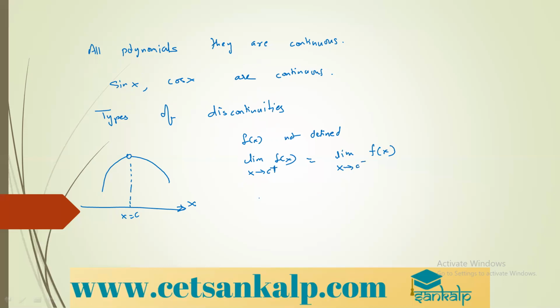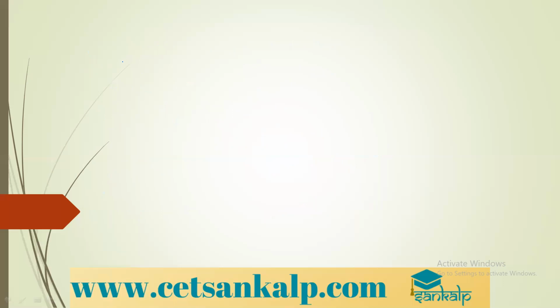So this happens when there is a hole in the graph at x equal to c, or removable discontinuity. Hole, or I can say removable discontinuity. So this is one type of discontinuity.